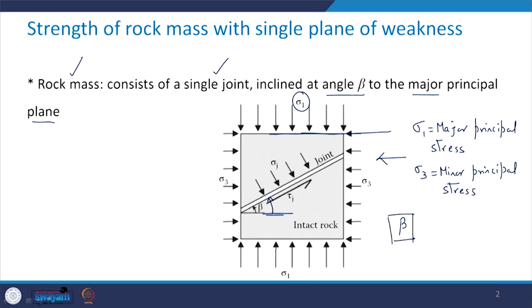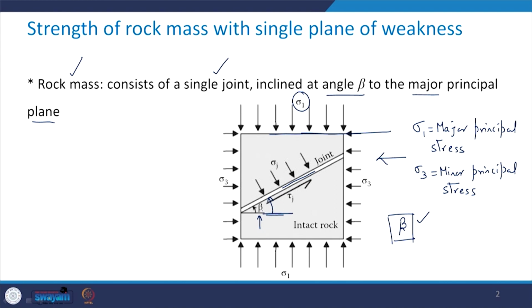I want you to remember how the orientation of this joint is being measured, because all our plots and all our results will depend upon this value of beta and how it is measured.